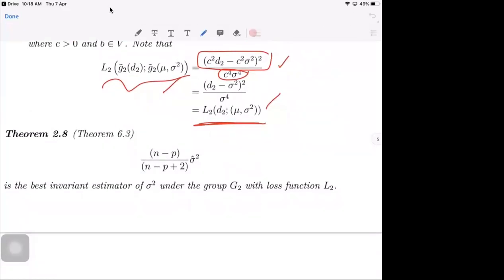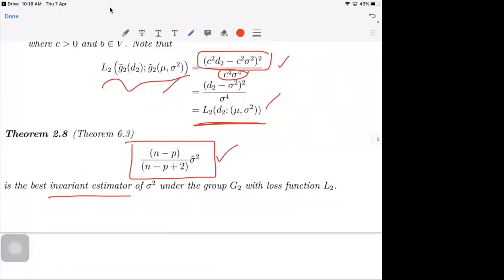And for our estimator in terms of variance, the best invariant estimator under group G2 with loss function L1 will be this one. So if you recall, sigma hat squared is the MVUE for sigma squared. And is it also the MLE?